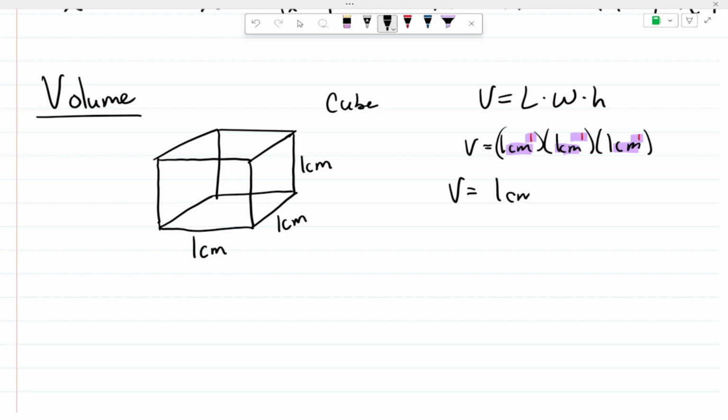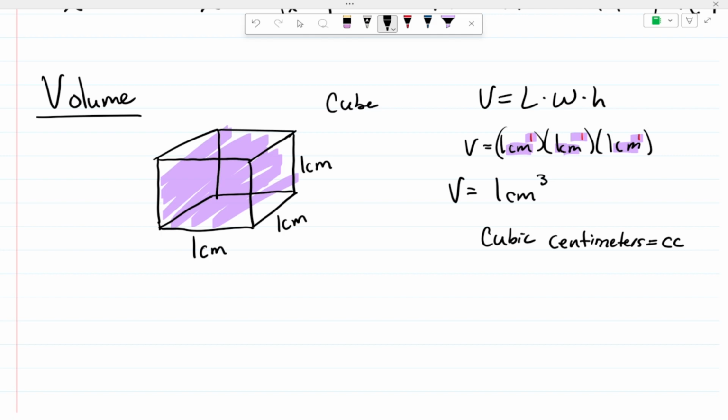So this will be centimeter to the third power, or as we always hear it, cubic centimeters for the cube we just drew. And that's where you get the phrase or the acronym cc from.